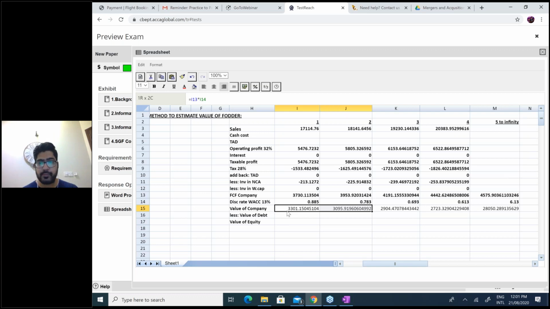The FCF to company multiplied by the discount factor gives the present values.